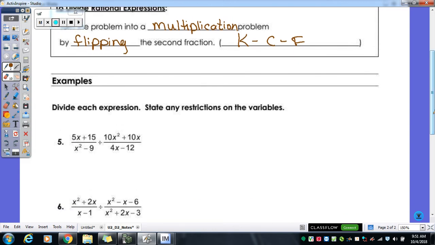So we're going to do some examples. We're going to divide each expression, state any restrictions on the variables. Your restrictions come after it becomes multiplication. So after you've changed the division into the multiplication problem, that's when you figure out what your restrictions are going to be.